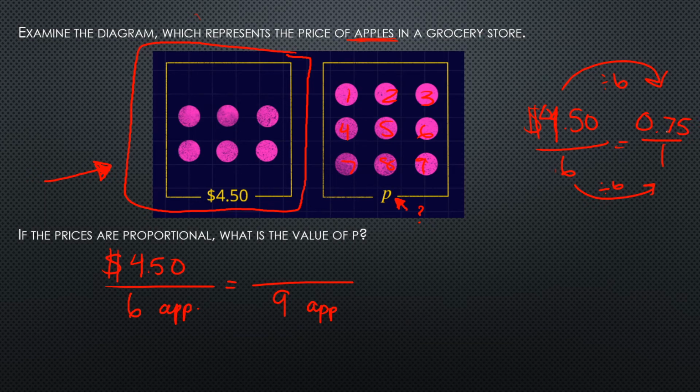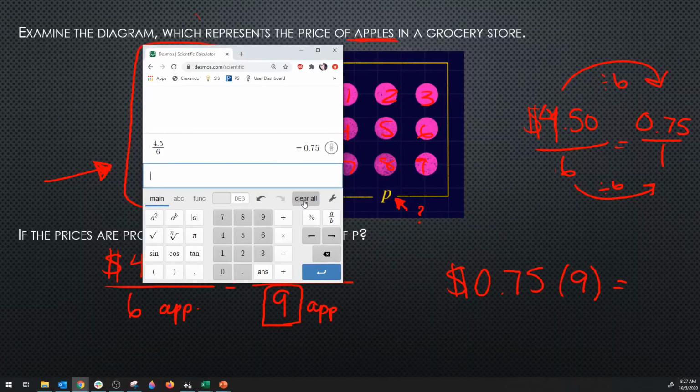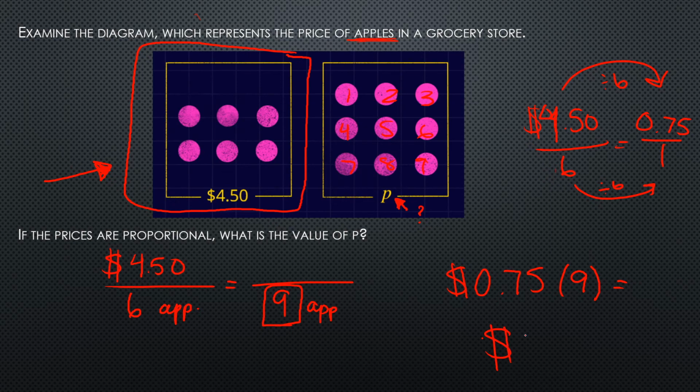That means if I pay 75 cents for one apple, if I am buying 9, all I need to do is take that 0.75 and multiply it by 9. And that is going to give me the price of P. So 0.75 times 9 gives me 6.75. So $6.75 is how much I would pay for all 9 of those apples.